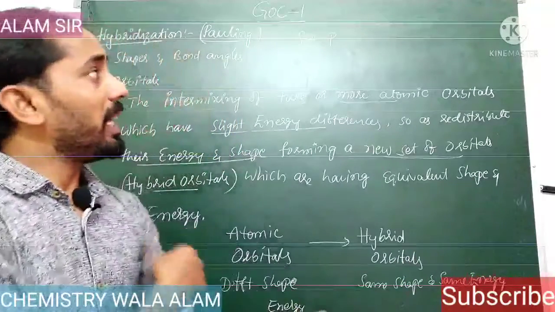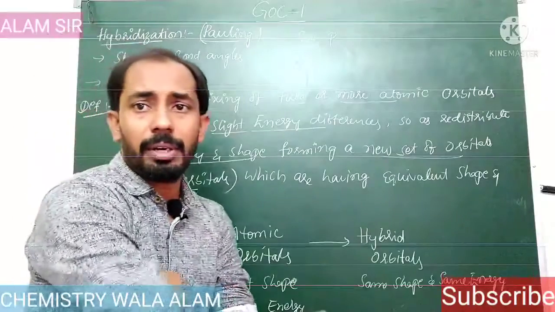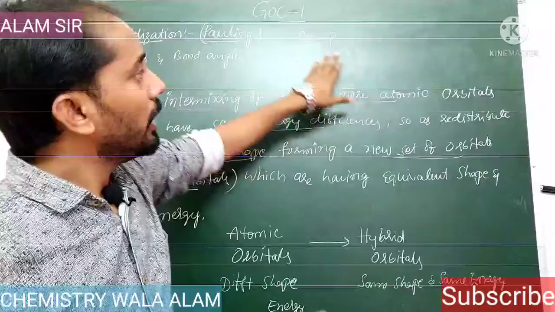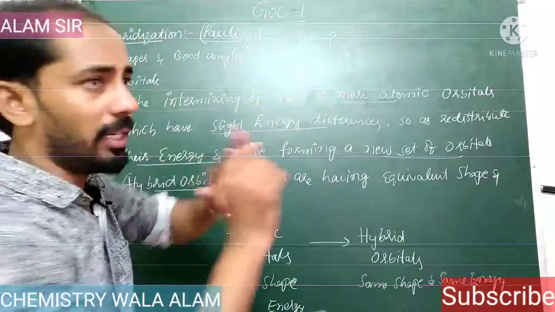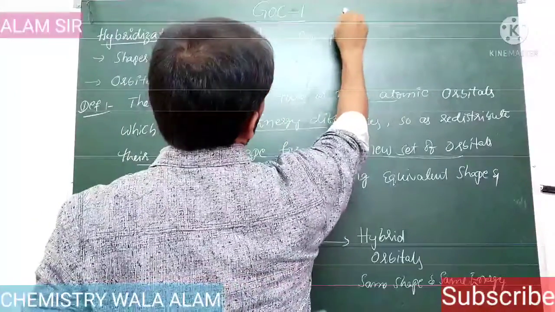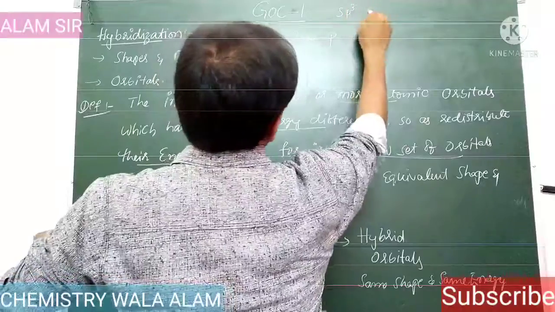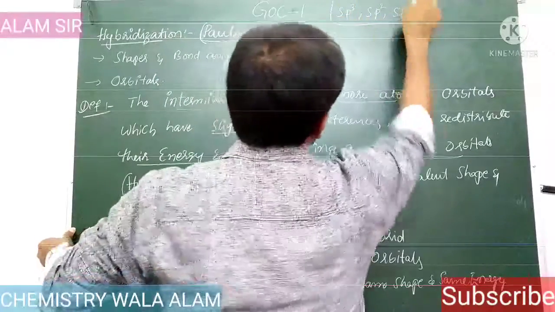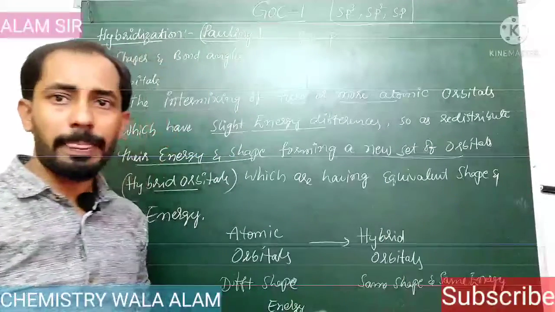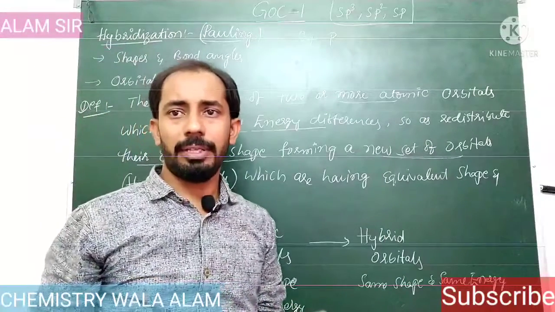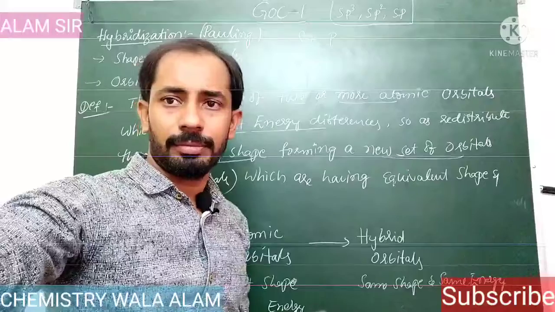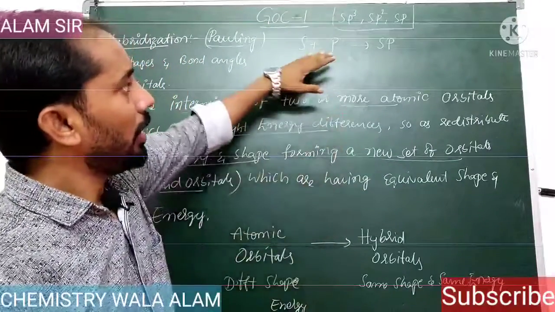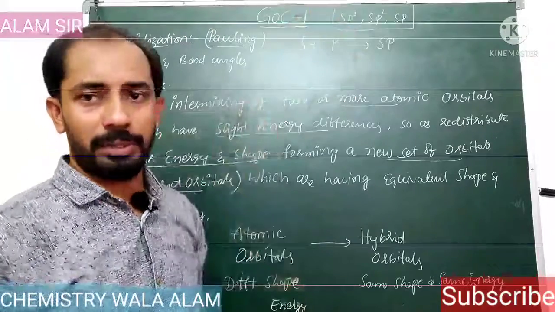So here, based on how many atomic orbitals are involved, in organic chemistry we will see three kinds of hybridization: sp3, sp2, and sp. One by one we can discuss. First, sp, sp2, sp3.